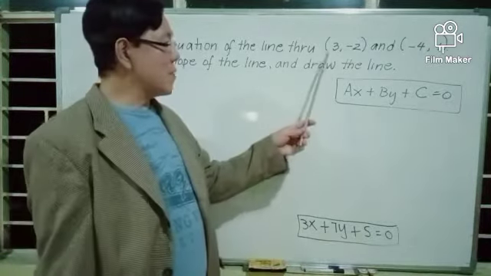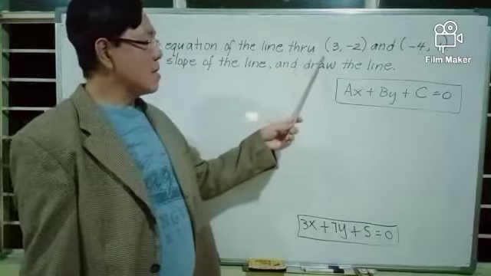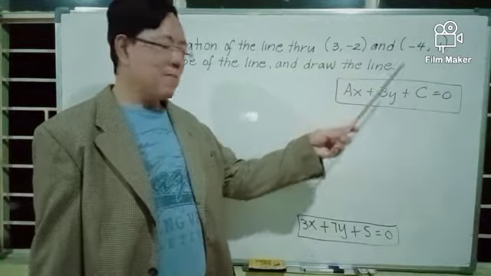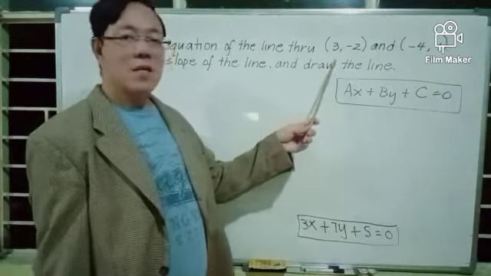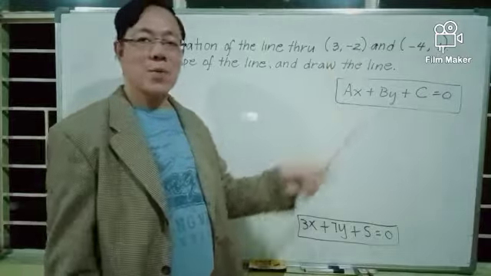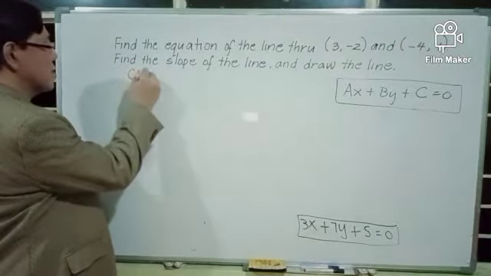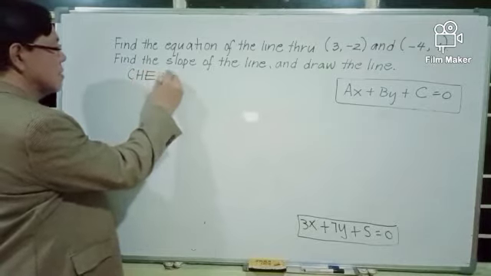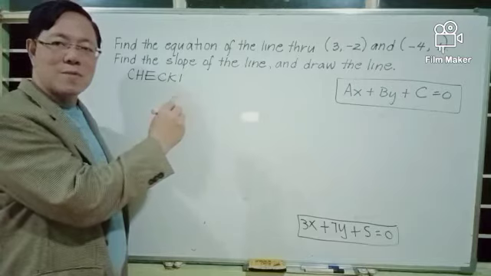That is, if these points are on the line, then their coordinates must satisfy the equation of the line. We start with the first point, 3, negative 2. And we write checking. This is how you check your solution.